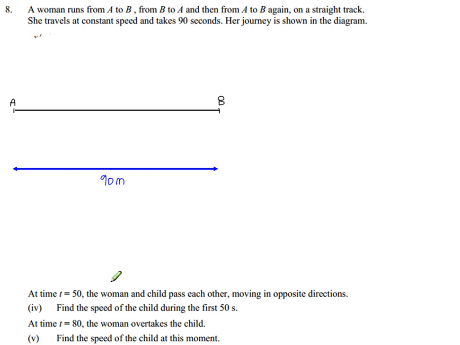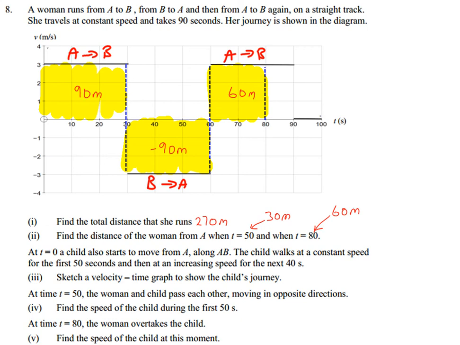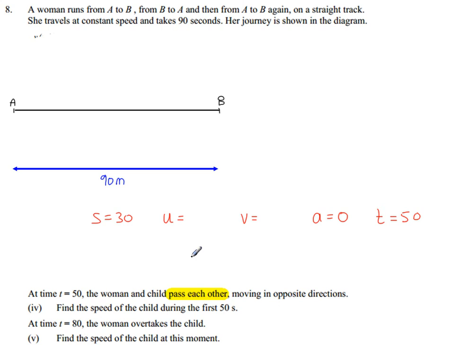So if the woman and child pass each other, it means their displacement measured from A is the same. We know that the displacement of the woman is 30 meters from A. During the first 50 seconds, the initial and final velocities for the child are the same. So the displacement of the child is just the child's initial speed multiplied by time taken.